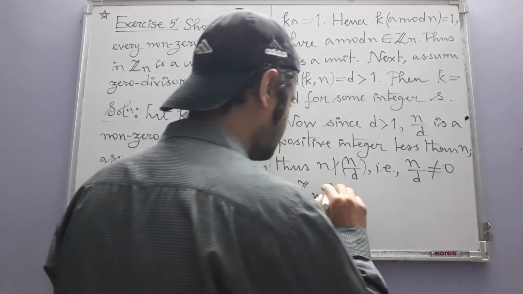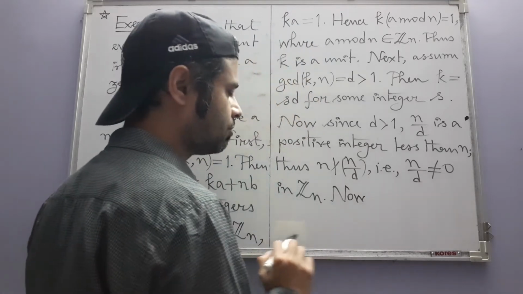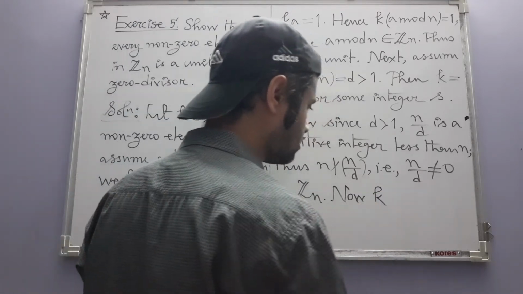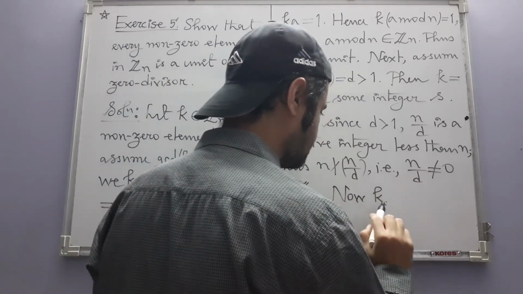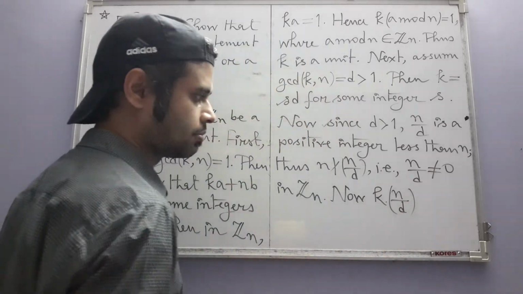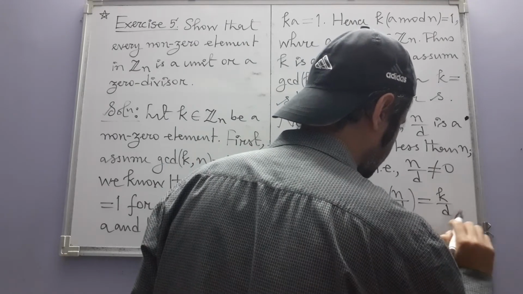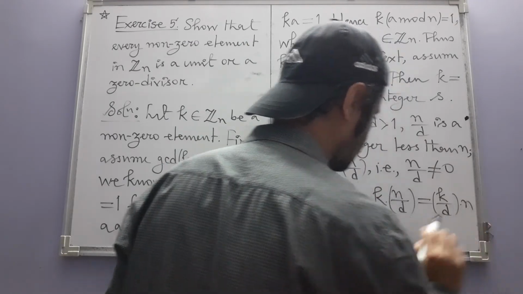Okay. Now, what happens if we take the product of this non-zero k and this non-zero n divided by d? This is equal to k divided by d times n.